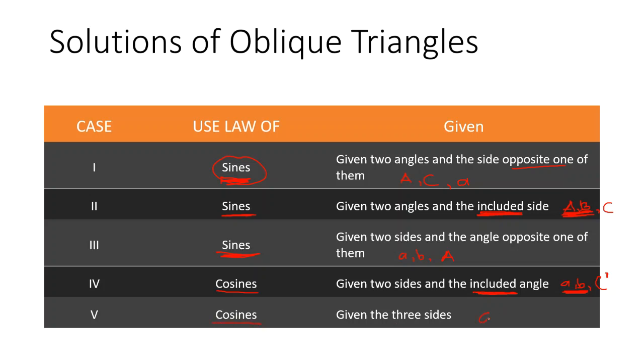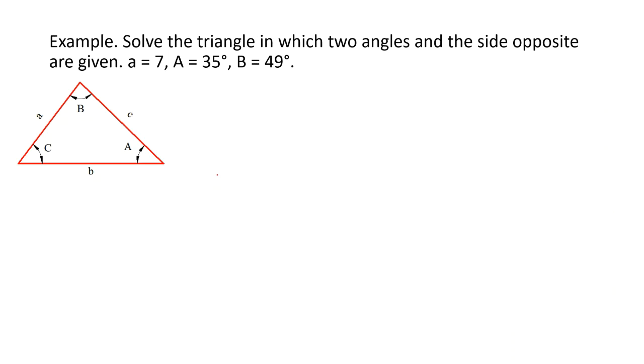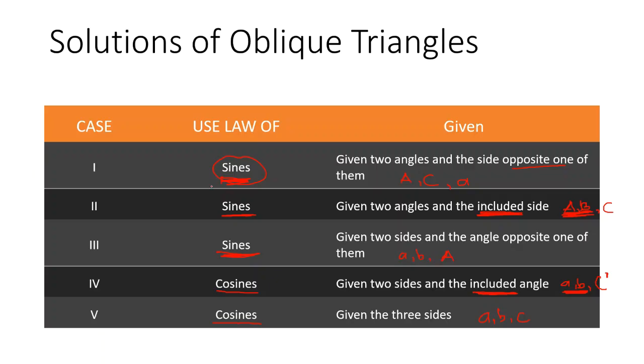If the given is A, B, and C and no angles are given, you can solve each angle by the cosine law. Okay, so you have to remember these cases and the laws that are applied in solving each of them. So that's the cases that we have. Let's try to solve some examples that incorporate the cases that we have.